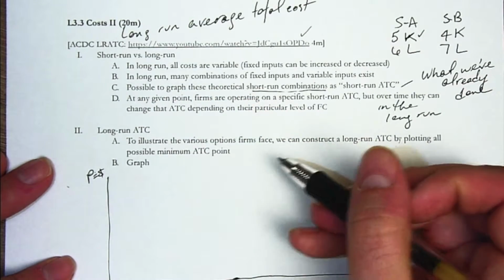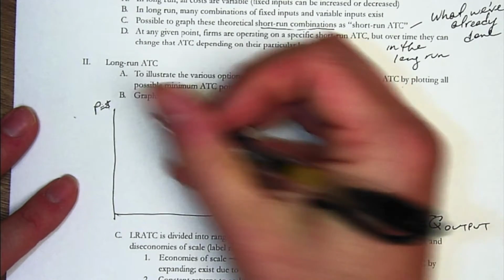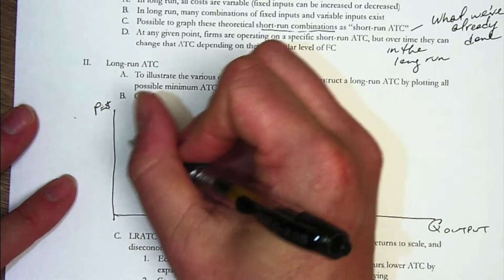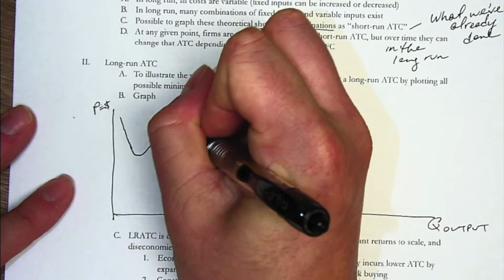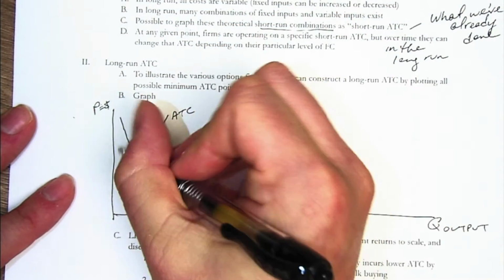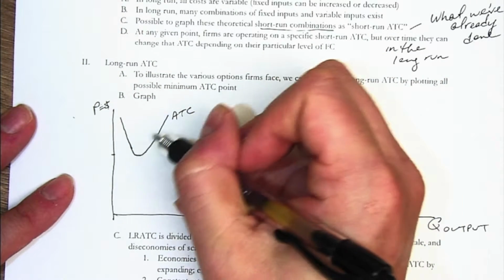Now, you can imagine that if there's a really low quantity of output, and you have maybe scenario A with very little capital and labor combined, you might have an ATC curve way up here. The minimum point of that ATC curve is here, and it has that nice U shape.